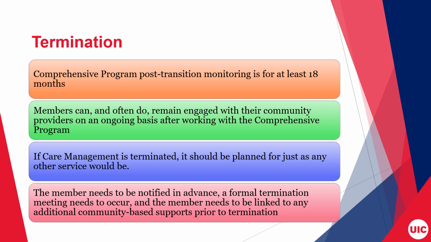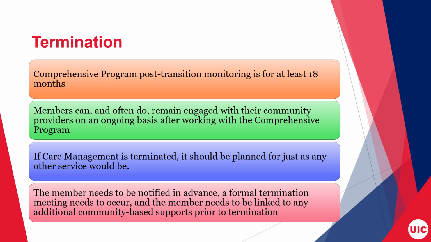If the member requires additional supports to be in place, the care manager must ensure that there is an effective plan in place to initiate or maintain those services. Ideally, the member has developed the independence and self-management skills during the prior 18 months to be able to meet their own needs moving forward with minimal support.